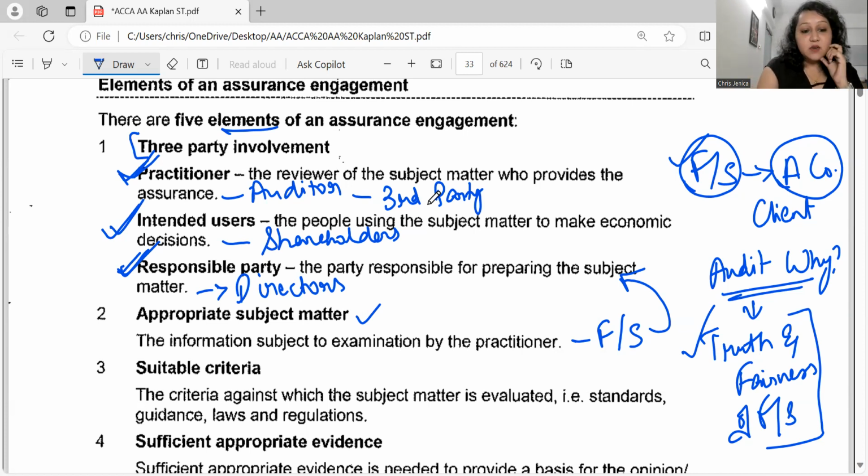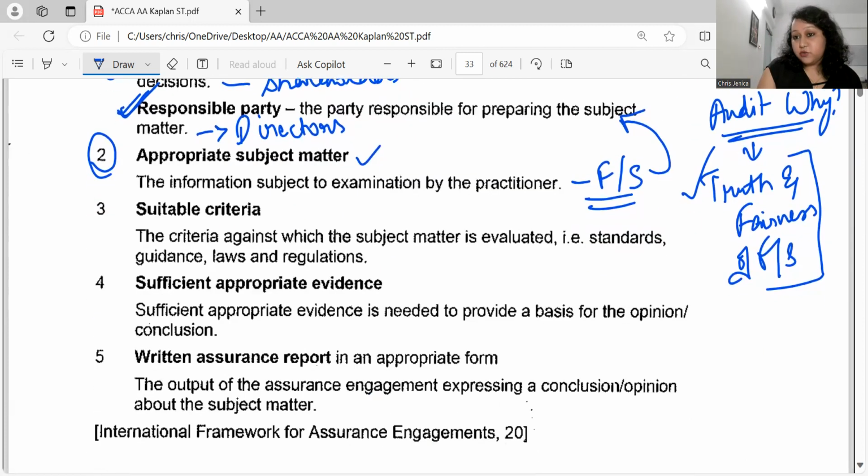And the second one was the subject matter, whatever I'm going to audit. Okay, against which information I'm going to provide an assurance. For example, I've taken audit of financial statements here, right? So how am I going to audit these financial statements? The subject matter is financial statements. On what basis or criteria am I going to audit this? In many countries it would be IFRS.